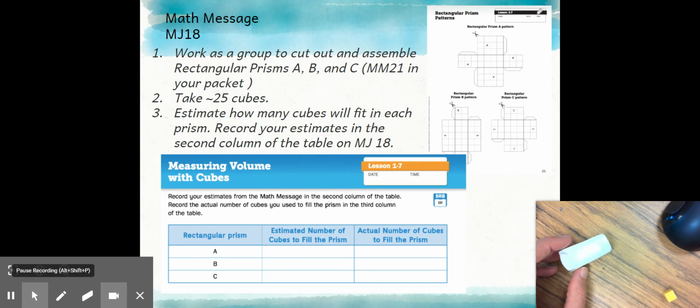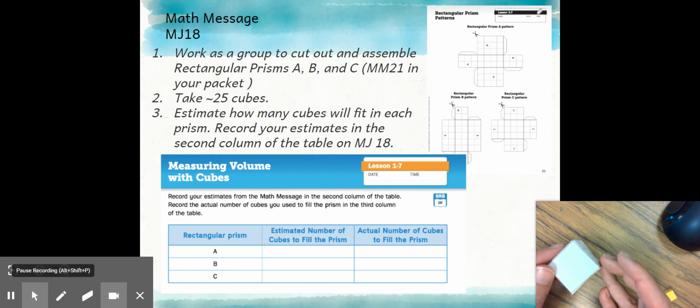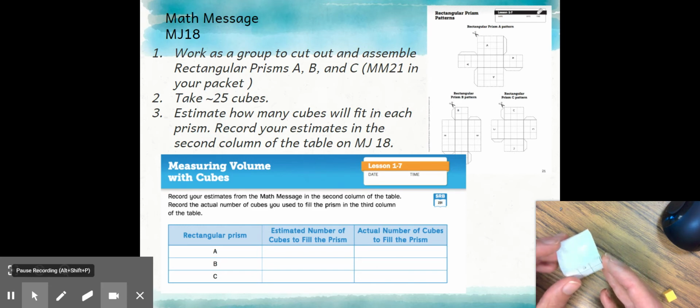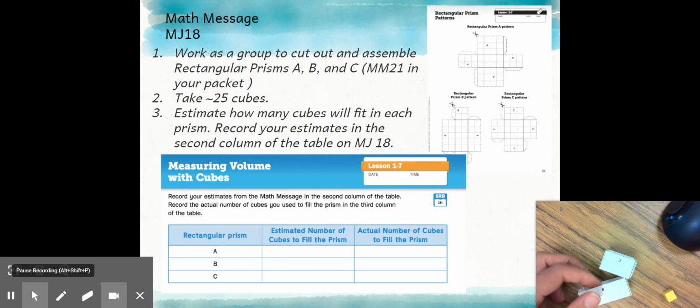That's B. And then here's prism C. Here's the bottom of prism C. So go ahead and fill out column 2, make an estimate for how many cubes you think will fill each of these prisms.